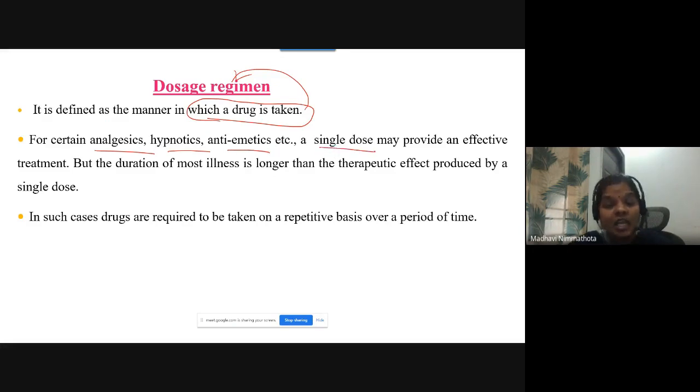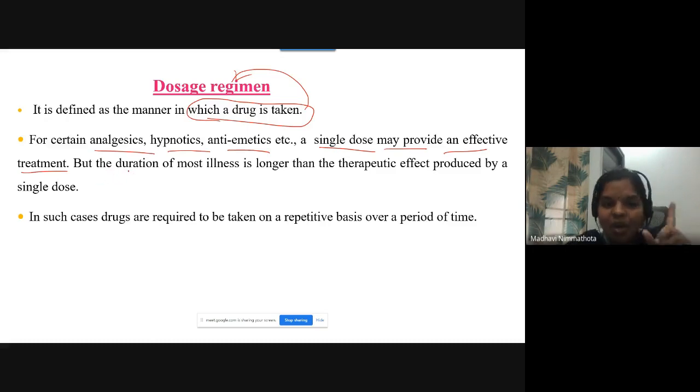A single dose of the drug may provide an efficient treatment. So for the analgesic, hypnotic and antiemetic properties, you can use the drugs in single doses. The single dose is enough for producing effective pharmacological action.